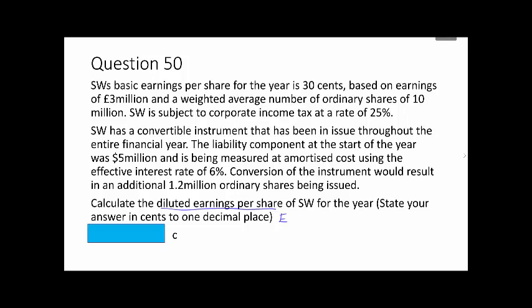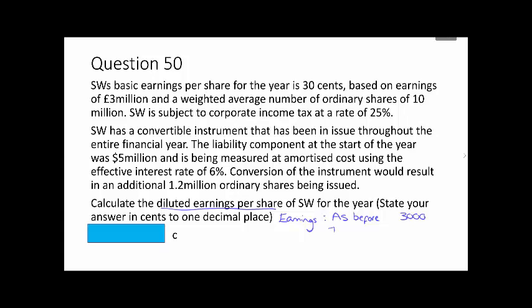So in terms of calculating the diluted earnings per share, the first thing we need to do is calculate the adjusted earnings as a result of the conversion. The basic earnings figure that we used for the basic earnings per share calculation was $3 million.